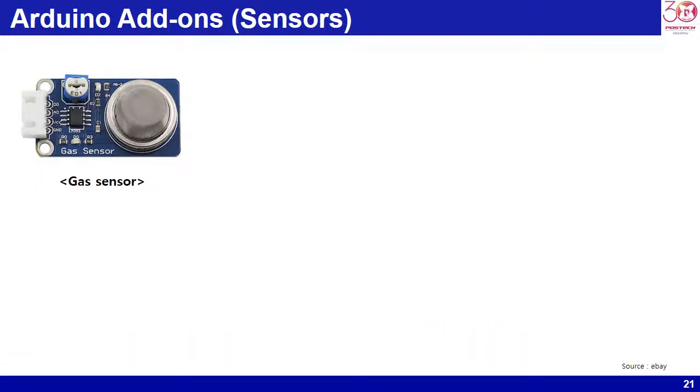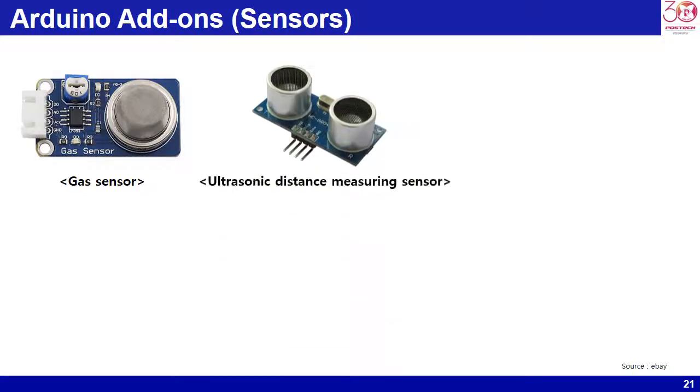The sensors that can be connected to the Arduino board as add-ons are really diverse. The gas sensor can be used to detect gas. You can also use an ultrasonic distance measuring sensor to measure the distance to an object.